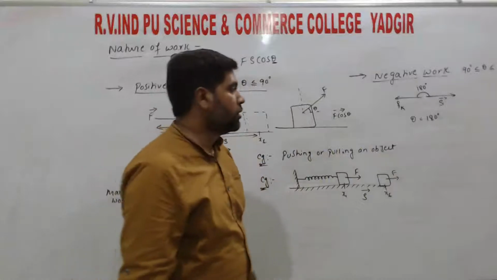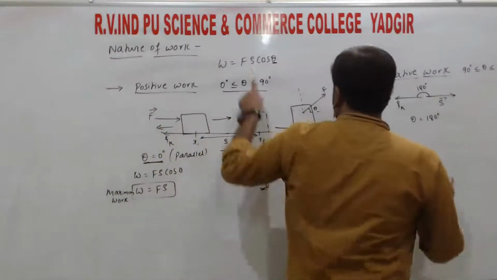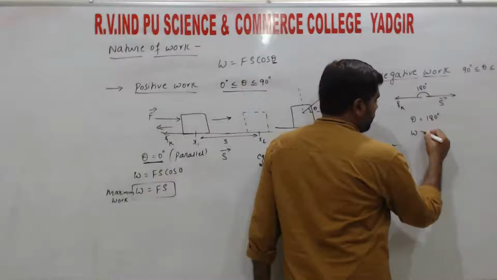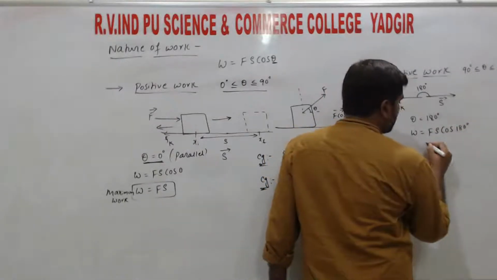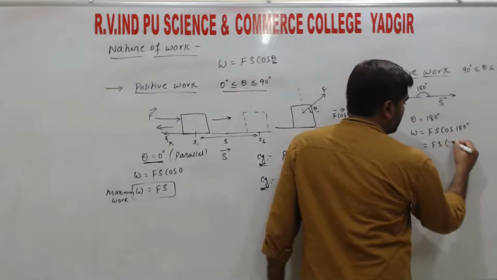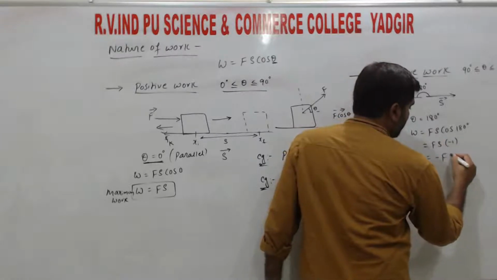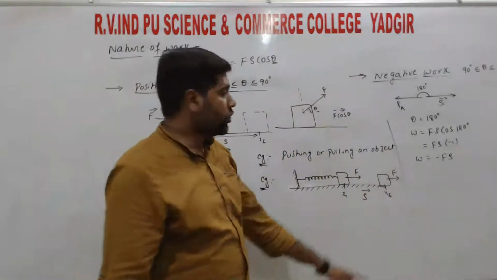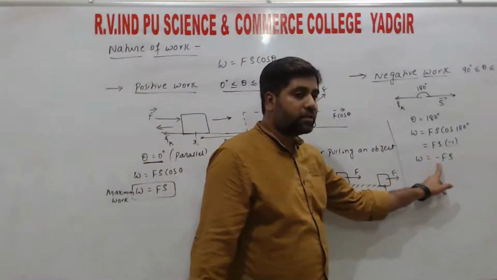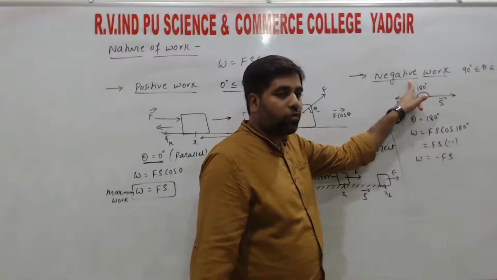So theta is 180 degree. Substitute that in the formula: W is equal to Fx cos 180 degree. Cos 180 is minus 1, so we get minus Fx. Right? So in this case we are getting work done negative, hence we call that one negative work.